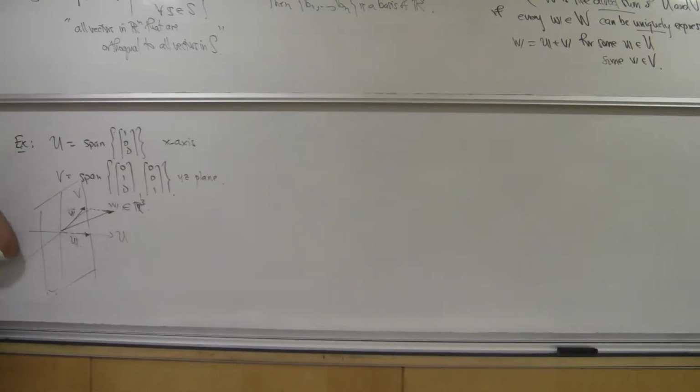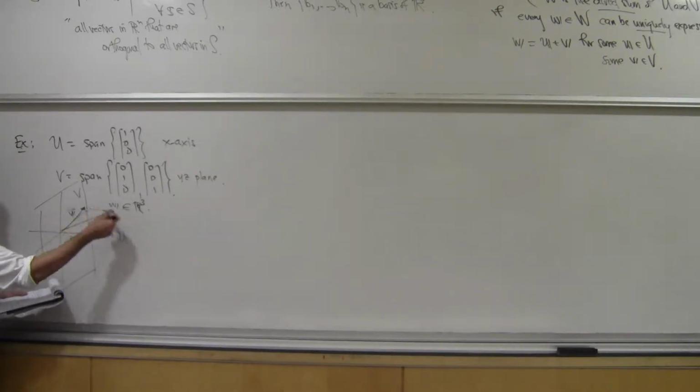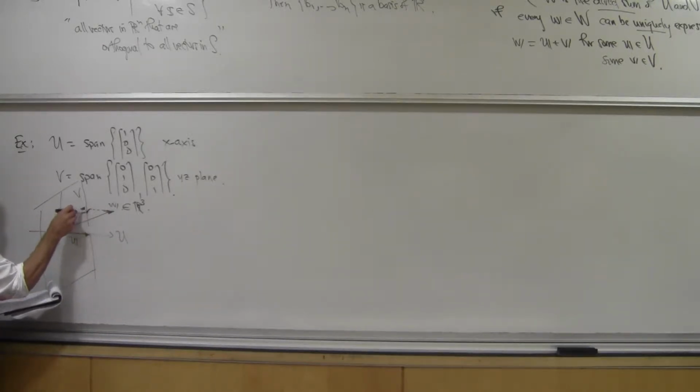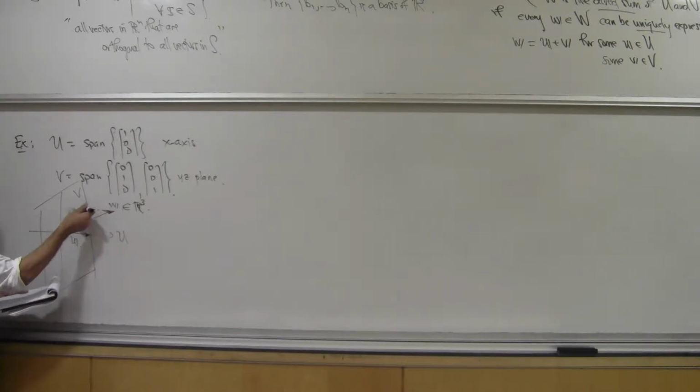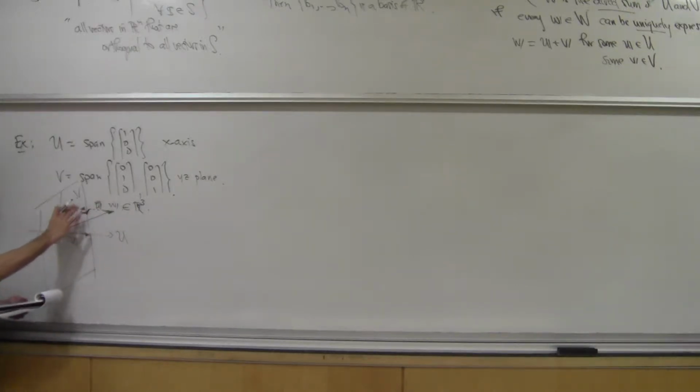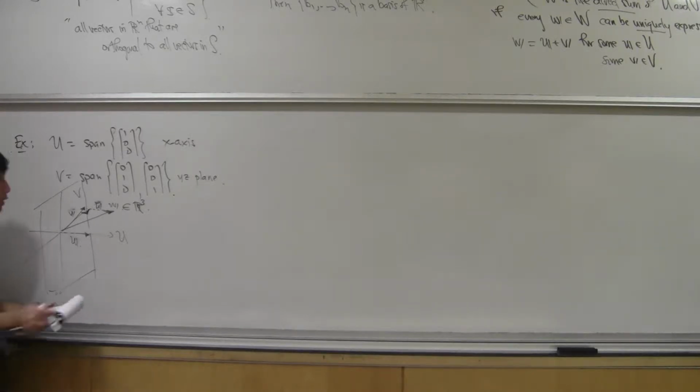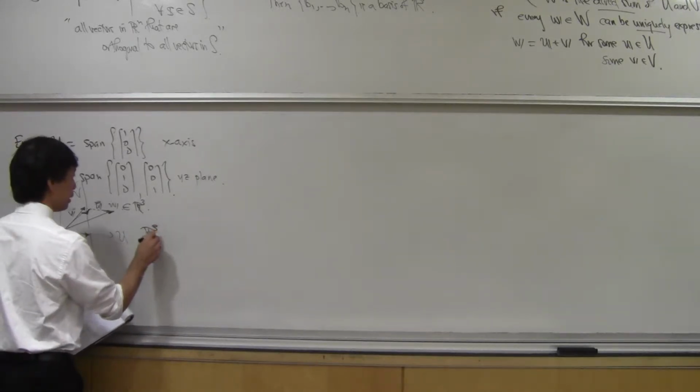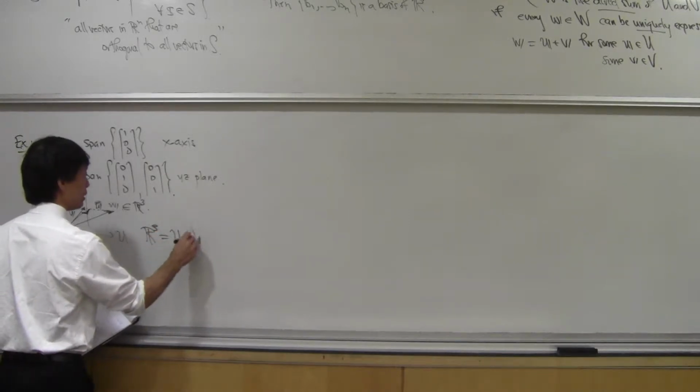You see what I have to do? I take the orthogonal projection here, and I use that. That guy is my U, and the thing that you project onto here is V. So here R3 is U direct sum V.